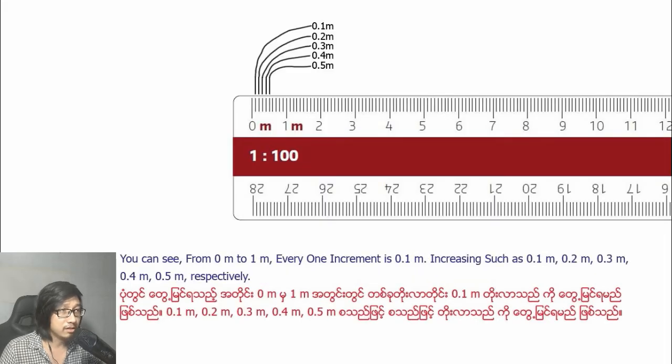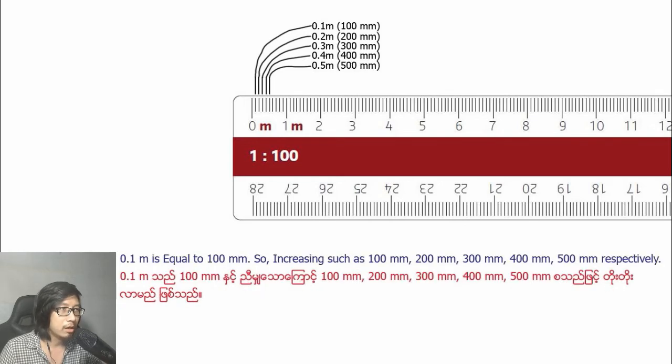You can see from 0 meter to 1 meter, every increment is 0.1 meter, increasing as 0.1 meter, 0.2 meter, 0.3 meter, 0.4 meter, 0.5 meter respectively. 0.1 meter is equal to 100 millimeter.